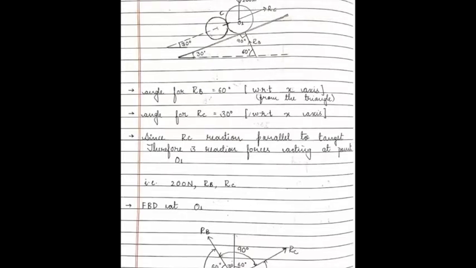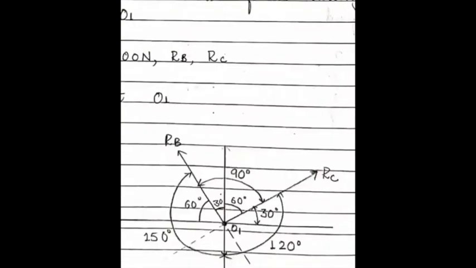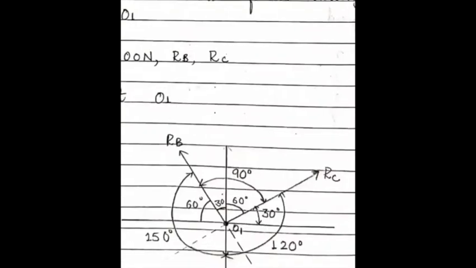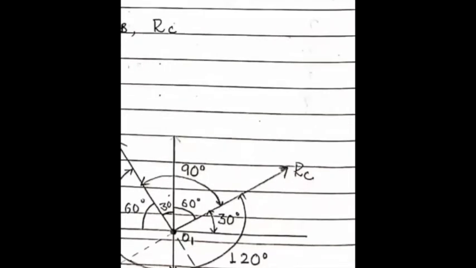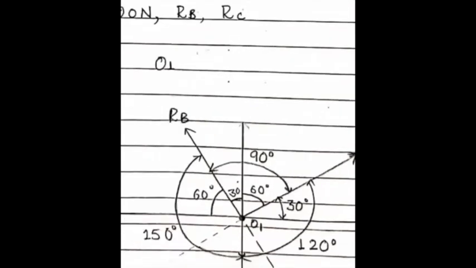I repeat, number one is 200, number two is your RB in the second quadrant, and RC in your first quadrant, and the final figure looks like this. Lami's theorem, I think you can solve it. Please understand here. Number one, 200 Newton vertically downwards. That is the weight of the body. Number two, RB reaction. Angle is 60 degree with respect to x-axis.